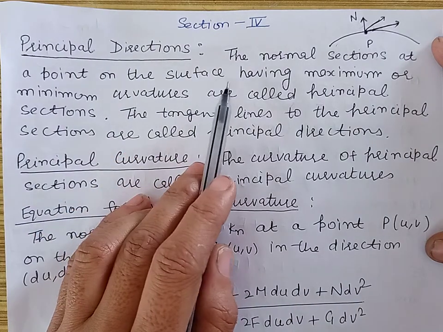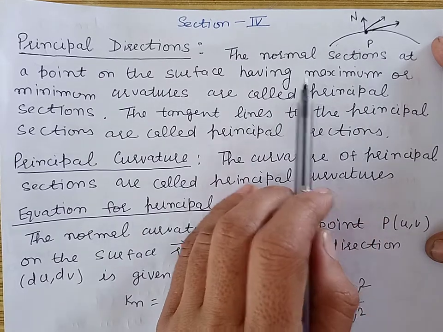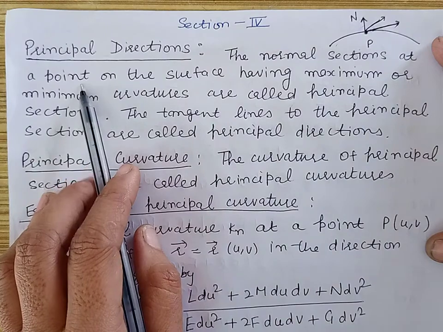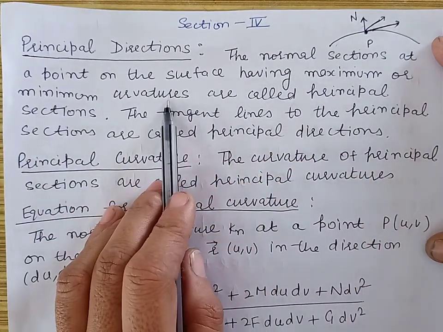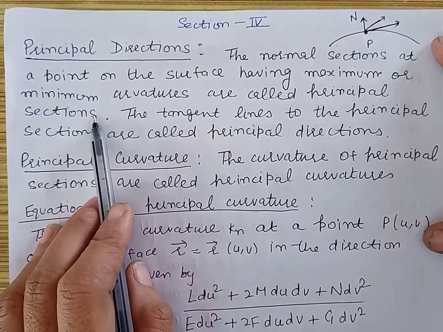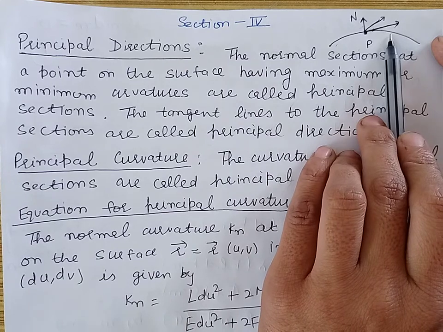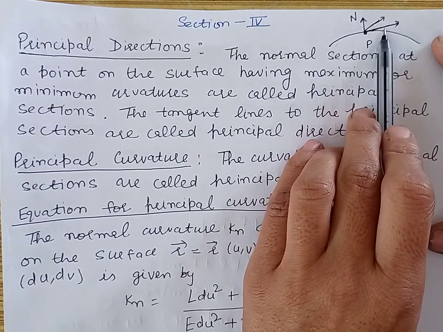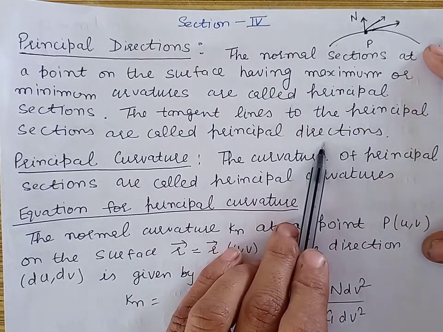So we define what principal sections are. The normal sections at a point on the surface having maximum or minimum curvature are called principal sections, and the tangent lines along which the curvatures are maximum or minimum are called principal directions.